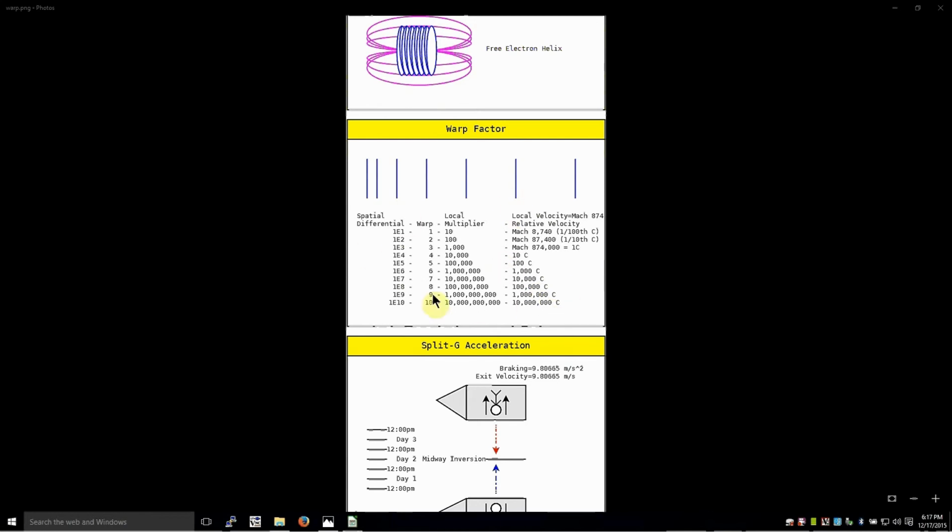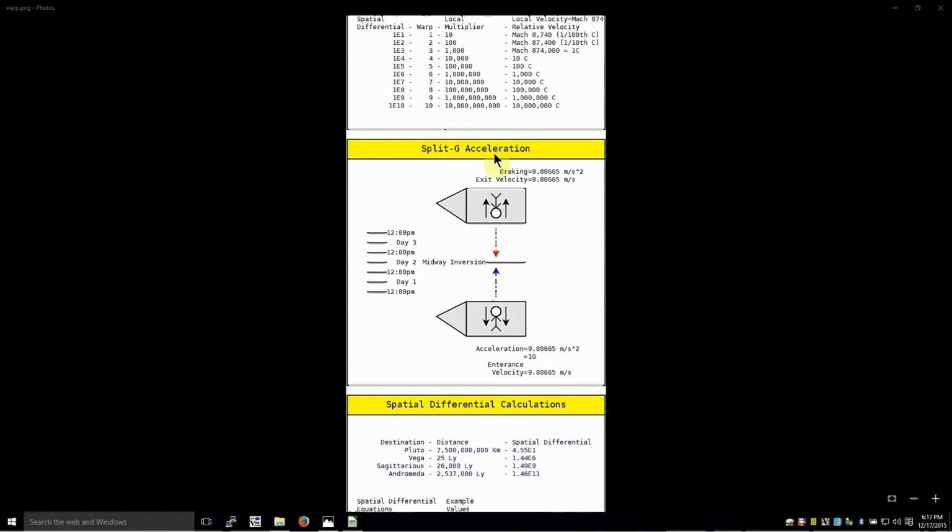Not only does your speed function as a multiplier, your acceleration does as well, which brings me to why I want warp factor to be in this format. It is because of split G acceleration. Instead of having a power source that's constantly pulling you down, like some sort of gravity plating or whatever they have in Star Trek, or having a spinning wheel or anything of that nature, I say instead you take the ship, instead of moving this way towards your destination, you move upward.